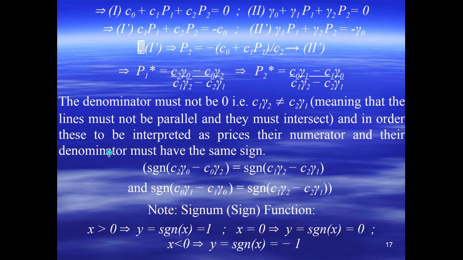This is the first condition. We have another condition as well. The second condition is that these quantities should be positive in order to be interpreted as prices. Otherwise, we don't know what a negative price or a negative quantity is. Prices and quantities for us are positive.